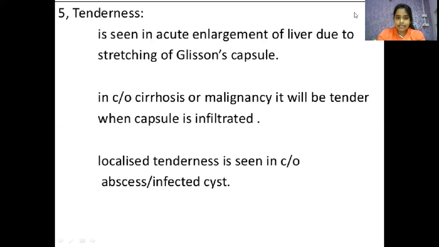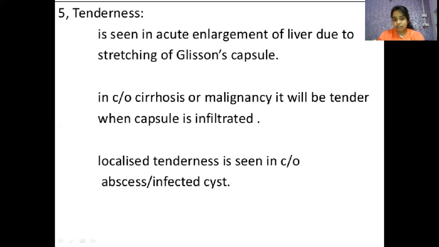Now tenderness. Tenderness of the liver is seen in acute enlargement of the liver due to stretching of Glisson's capsule. So tenderness is very important. The main chief complaint is in cirrhosis or malignancy.